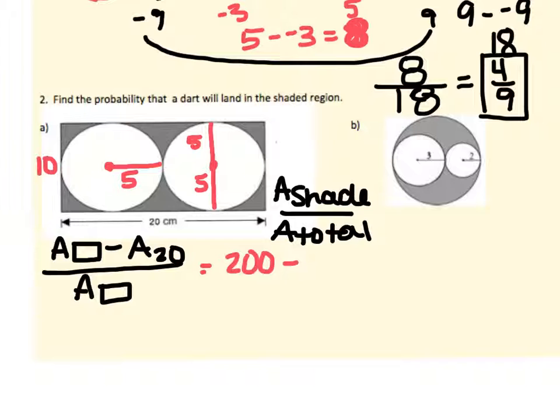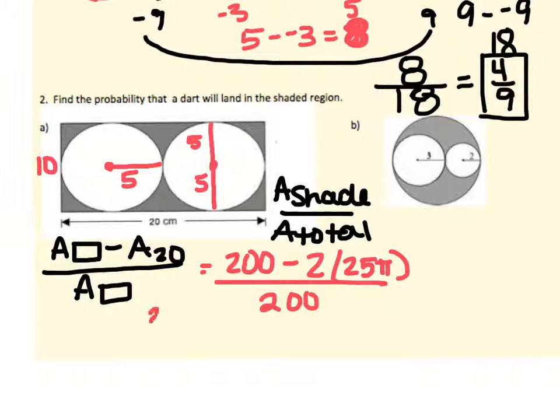The area of two circles, well, one circle will be 25 pi. And I'll put that over 200. So if I simplify this, it's going to be 200 minus 50 pi over 200. Now remember, you can simplify this, so you just got to make sure that every single term can be simplified by the same number.